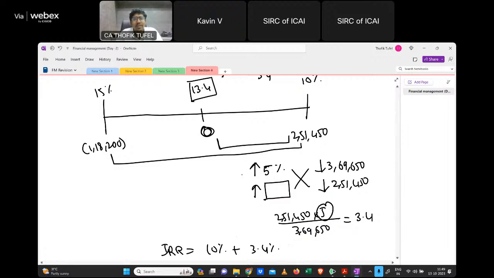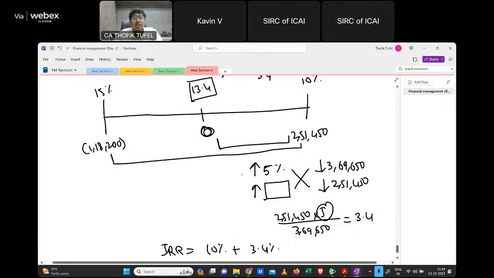The 2,51,450 is nothing but NPV at lower rate, divided by 3,69,650, which is NPV at lower rate minus NPV at higher rate. So NPV at lower rate divided by NPV at lower rate minus NPV at higher rate, into higher rate minus lower rate, plus lower rate. This is how the formula is made, and this is how you understand it conceptually.